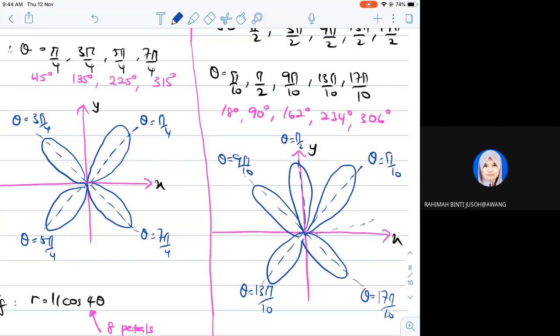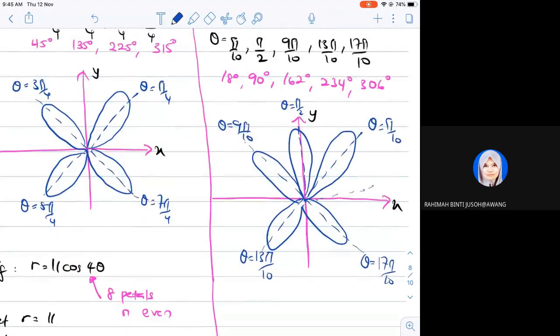Doesn't matter. In your test or final exam, don't worry guys. As long as the position is correct, first quadrant, third quadrant, second quadrant, like that. Sebab kita tak pakai kertas graph kan, so doesn't matter lah. As long as the position 18 degrees tu berada within the first quadrant.